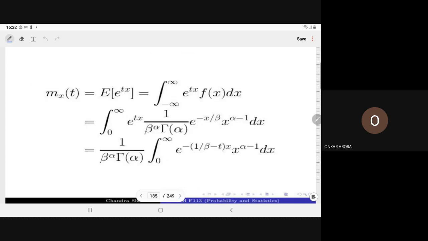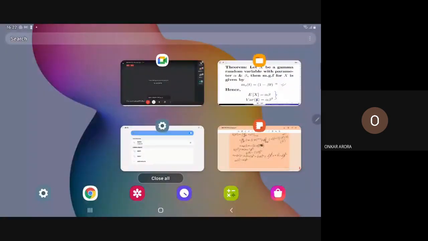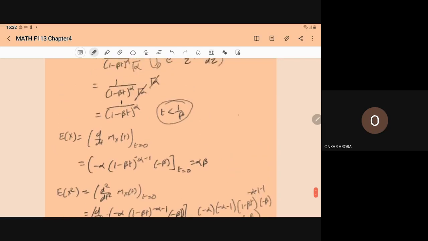Sir, has some doubt? Sir, can you tell why it was positive? The condition? Actually, when we have e to the power minus infinity, it will be 0 when x is positive. If x is negative, it will become e to the power infinity, which is infinity.